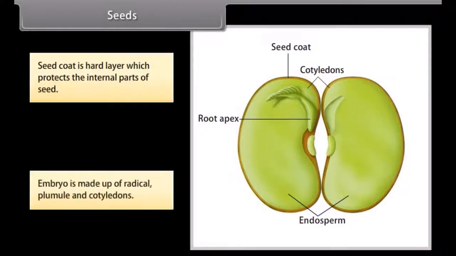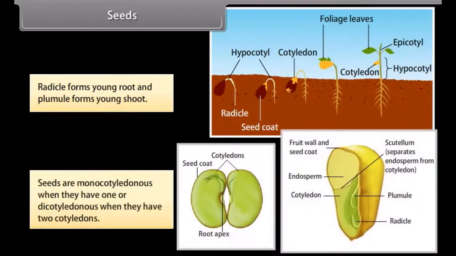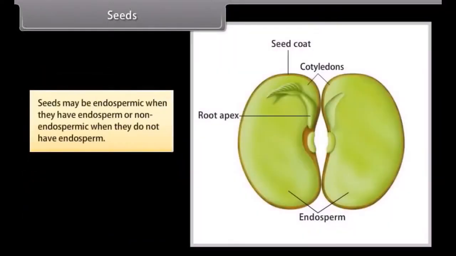Embryo is made up of radicle, plumule and cotyledons. Radicle forms the young root and plumule forms the young shoot. Seeds are monocotyledonous when they have one or dicotyledonous when they have two cotyledons. Seeds may be endospermic when they have endosperm or non-endospermic when they do not have endosperm.